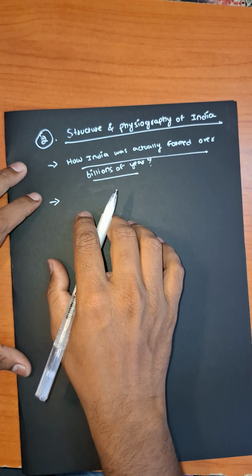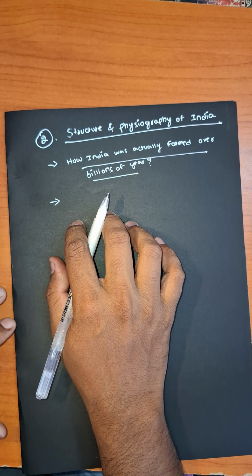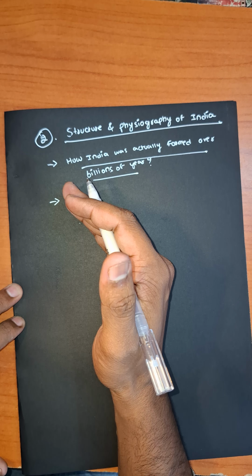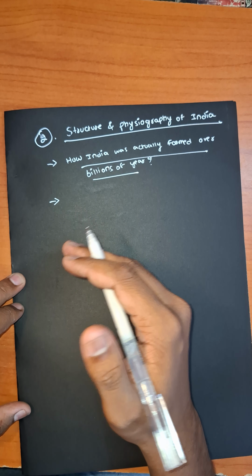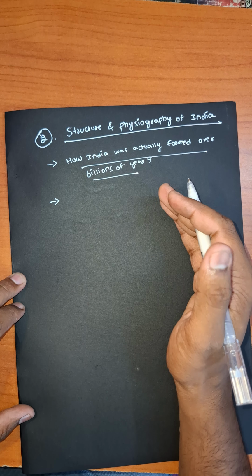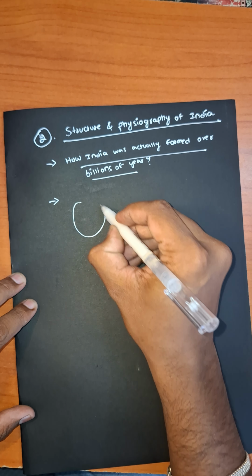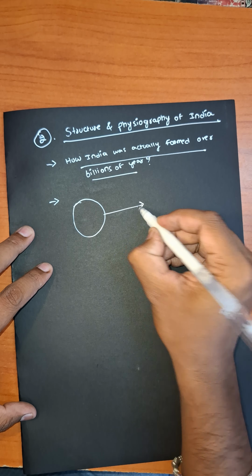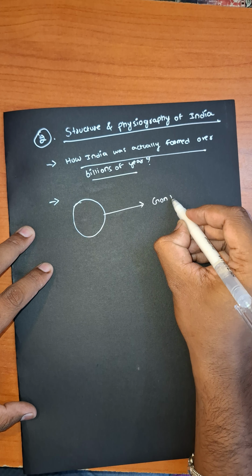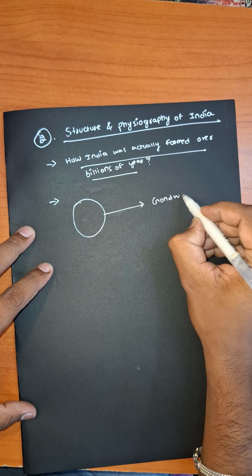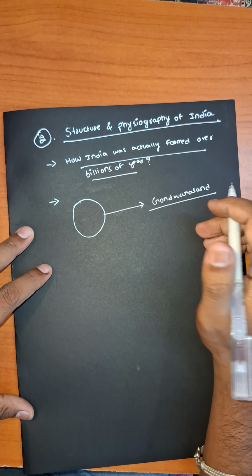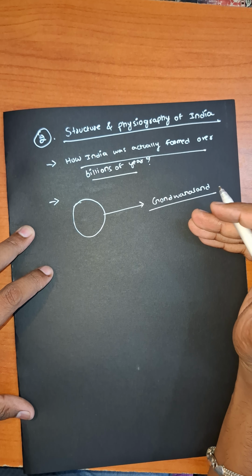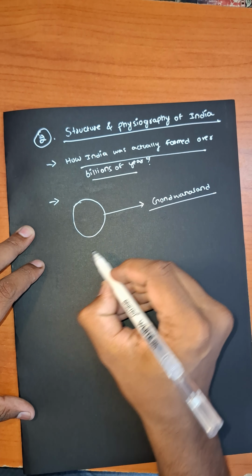We'll begin from the time when Earth was still cooling, and explore the breakup of Gondwanaland. Okay, what is Gondwanaland? And we're going to understand the movement of the Indian plate.